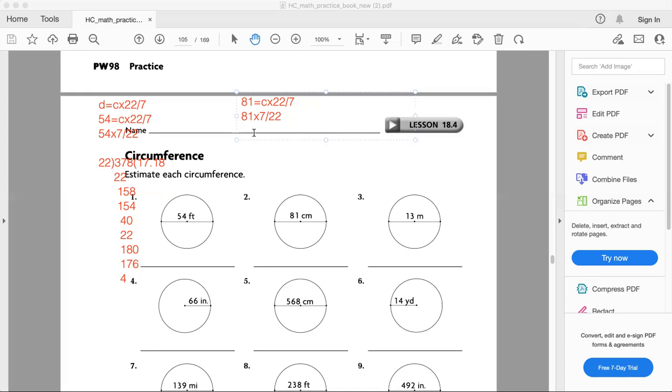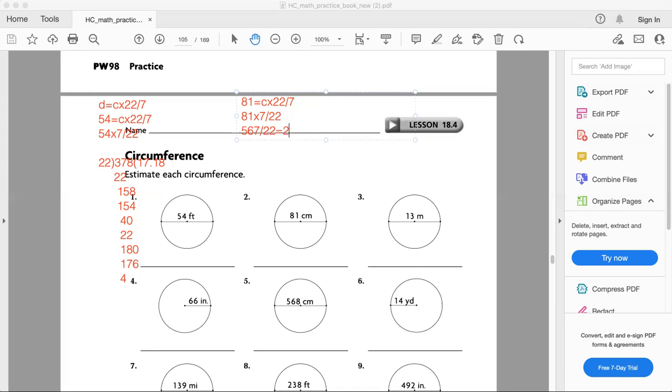567. Very good, 567. Now divide this with 22, beta. Ma'am, 22 into 2 is 44.